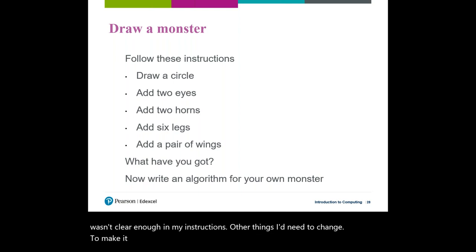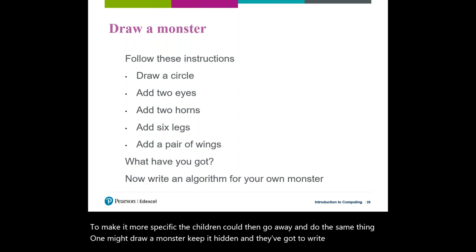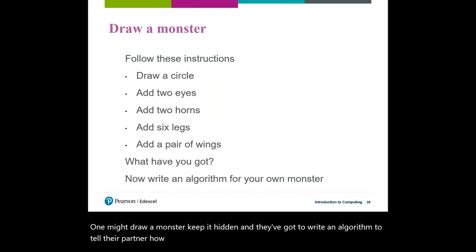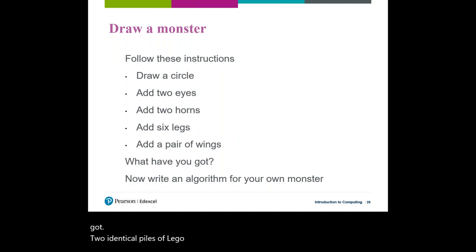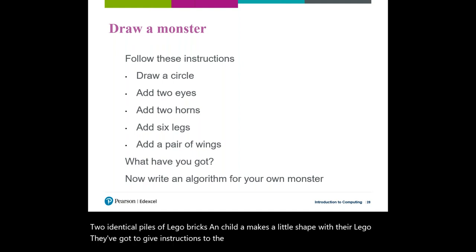The children could then go away and do the same kind of thing. One might draw a monster, keep it hidden, and they've got to write an algorithm to tell their partner how to draw it. I've seen similar kinds of thing with Lego. If you've got 2 identical piles of Lego bricks, and child A makes a little shape with their Lego, they've got to give instructions to the other child who can't see what they've made to build the same thing.